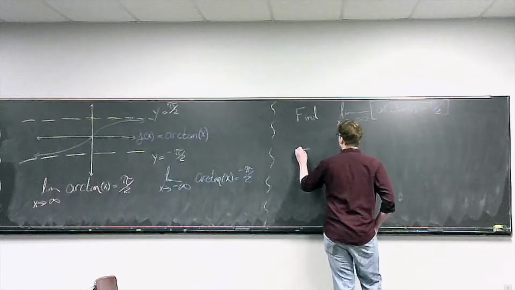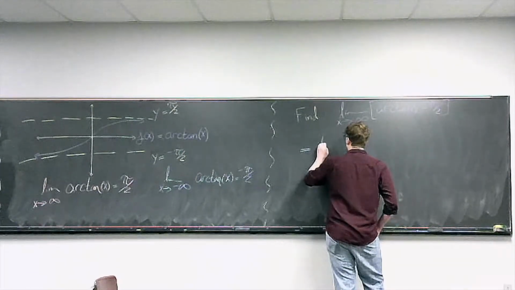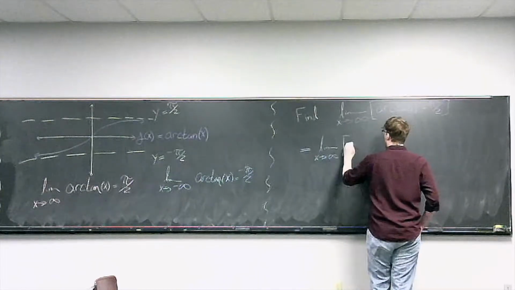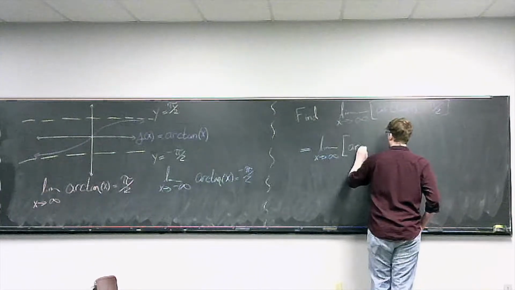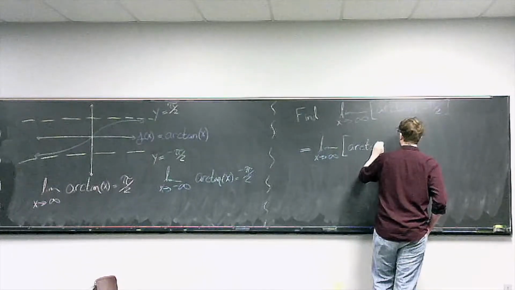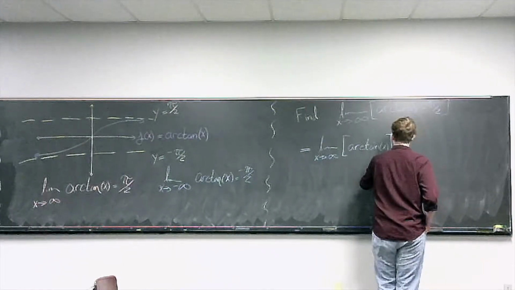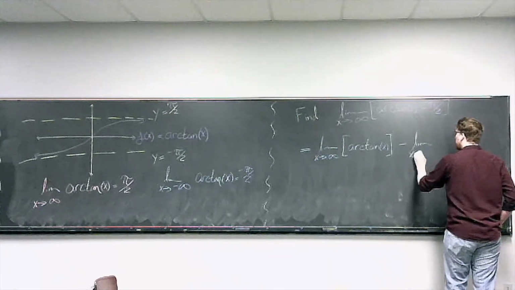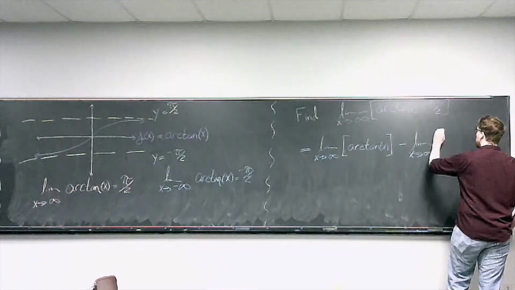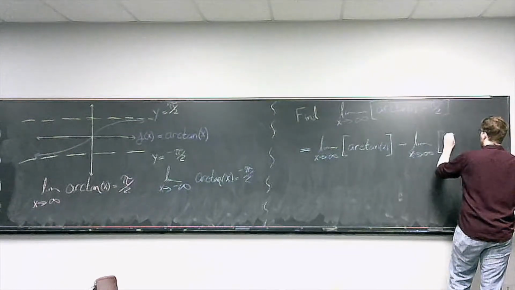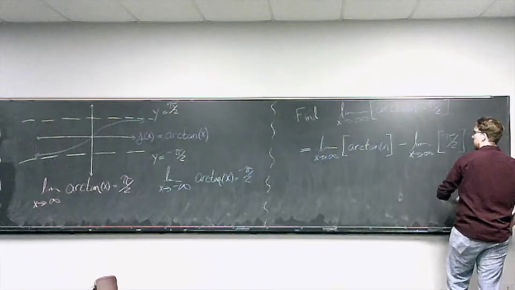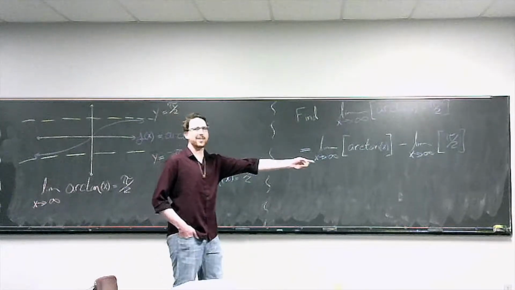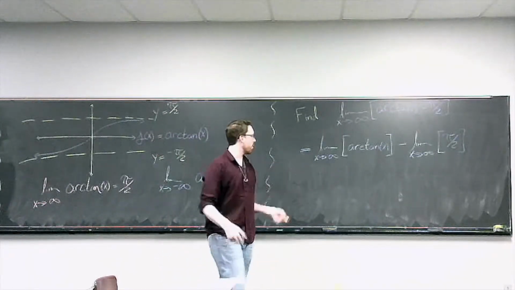This thing is equal to the limit as x approaches infinity of arctan of x minus the limit as x approaches infinity of pi over 2. But hey, pi over 2 is a constant, so that limit is just going to stay the same, right?